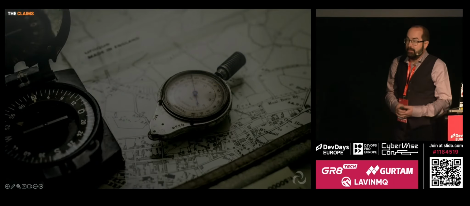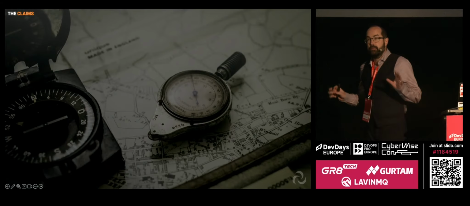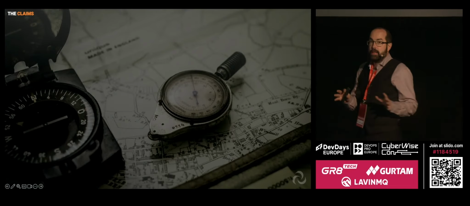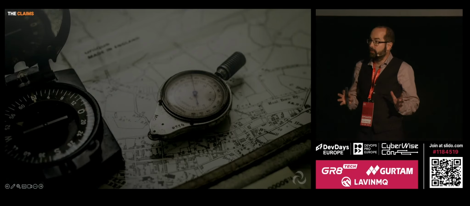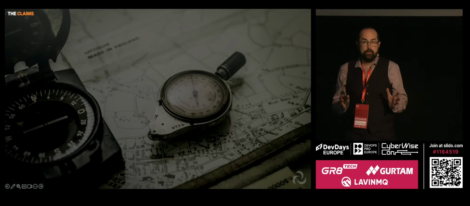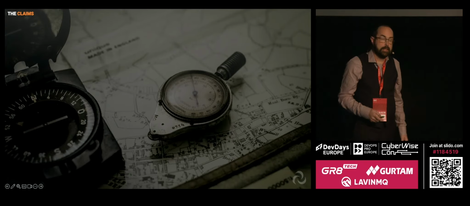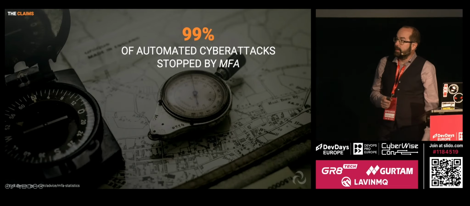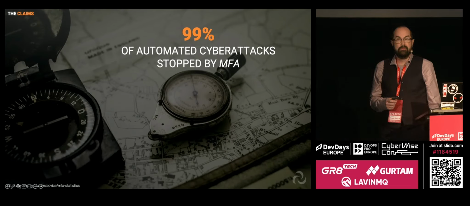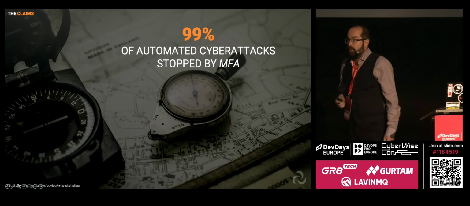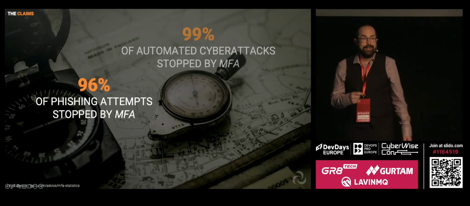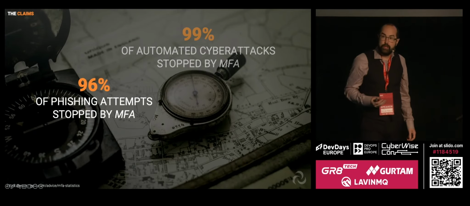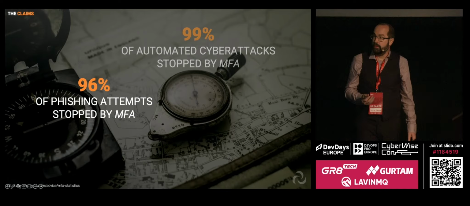Some claims about multi-factors. This is coming from Microsoft. If you log into Azure and go into the configuration, I'm going to do multi-factor configuration there. This is what they say there. 99% of all automated cyber attacks are stopped by MFA. So quite many of them. It's a bold claim. But 96% of all phishing attempts are stopped by multi-factor.